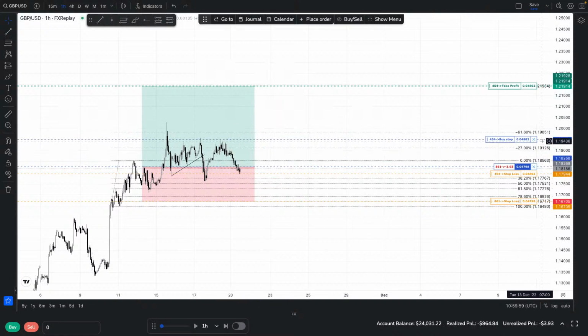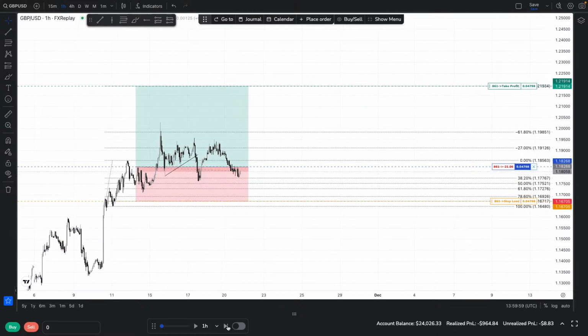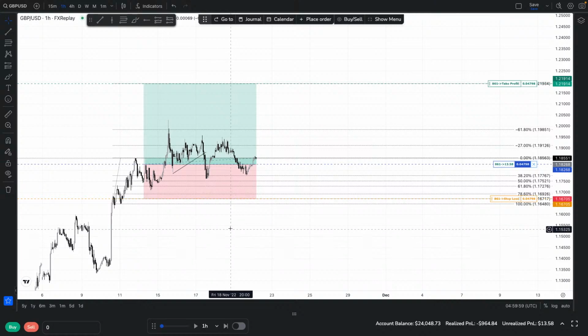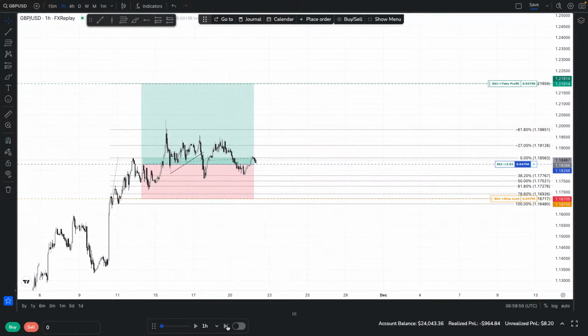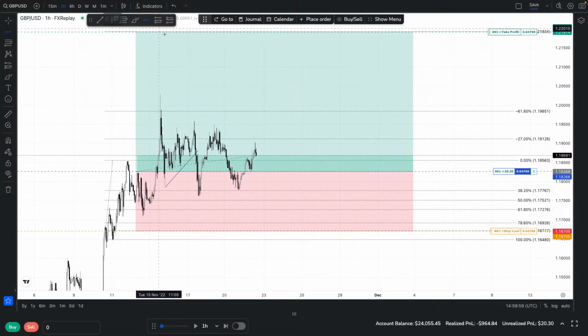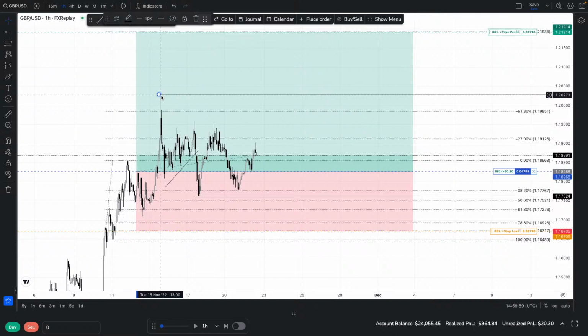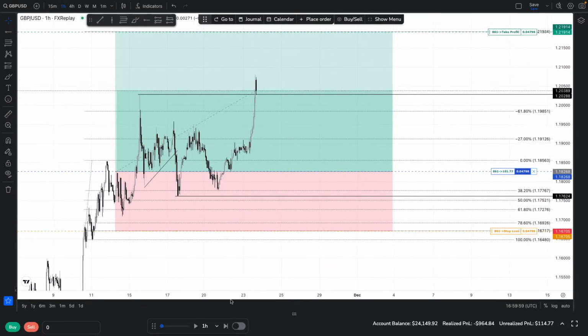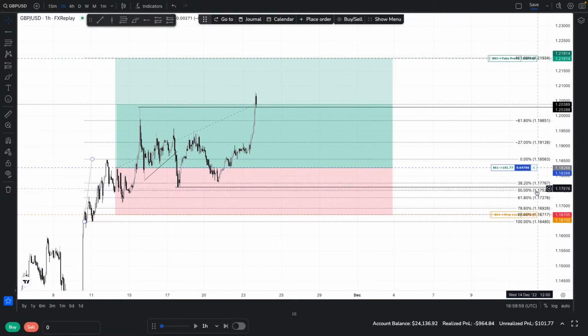Okay, so price is pushing lower. I don't want to be in the trade if price is pushing lower. So I'm gonna reduce my risk.